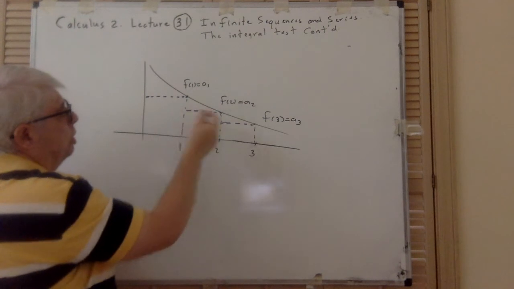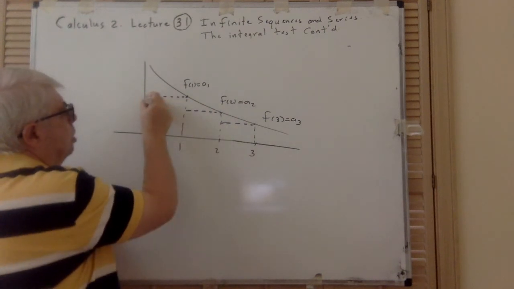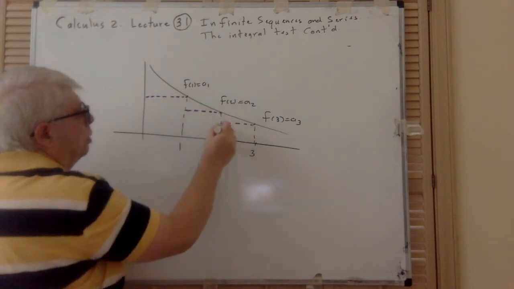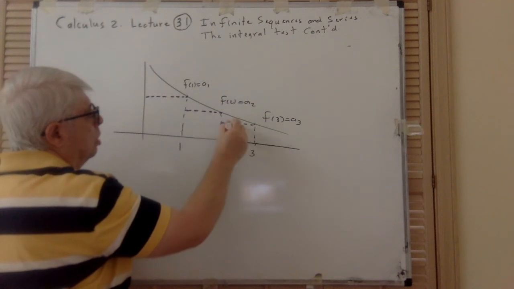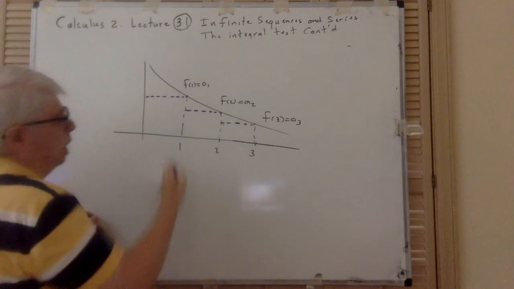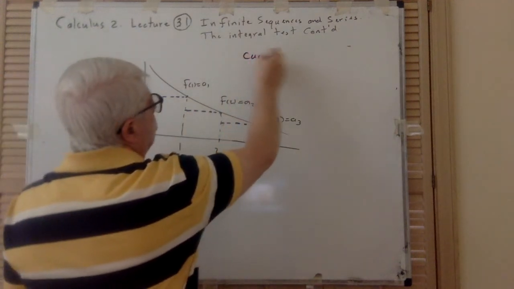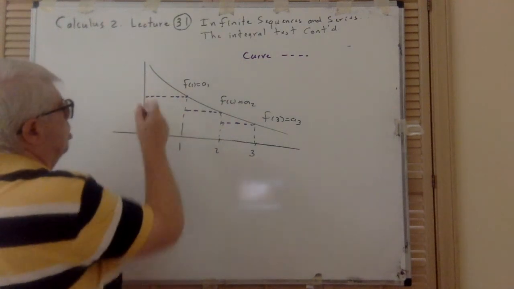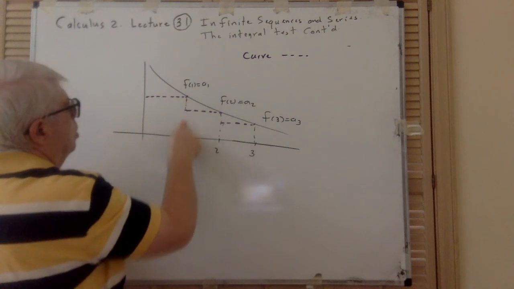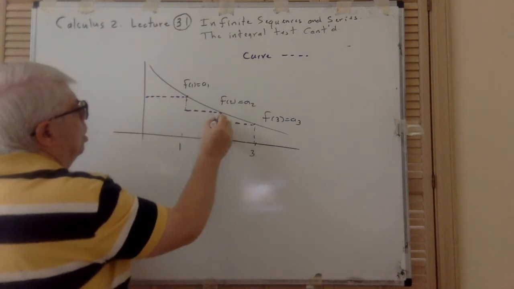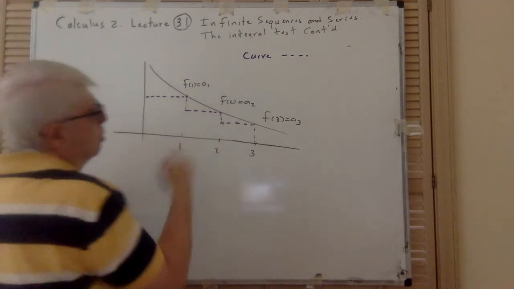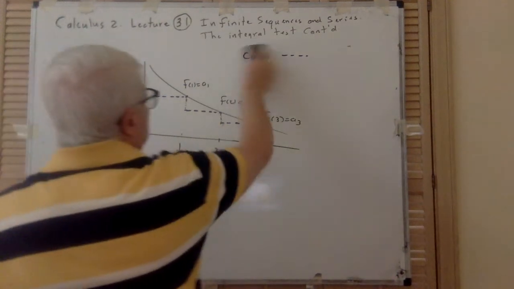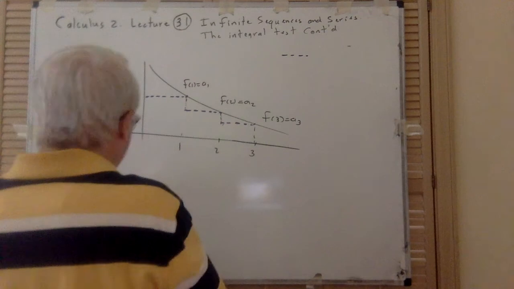Now the area under this graph, it goes like this, comes down, and goes on. Let's not call it a curve, because it's not curved, but some graph.